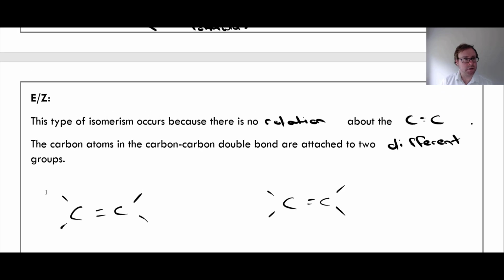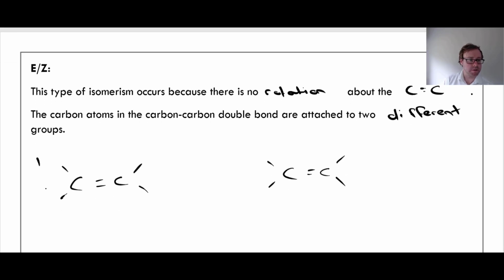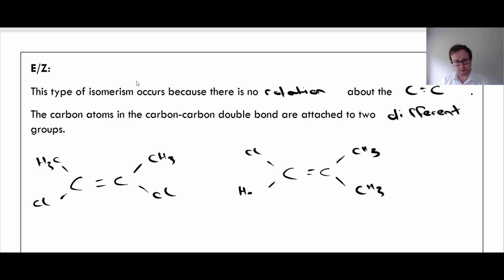E.g., this is going to be very similar to my cis-trans, so I'm going to do it quite quickly. Then we'll get on to slightly harder versions of this. So if I do it right, this would be Cl.